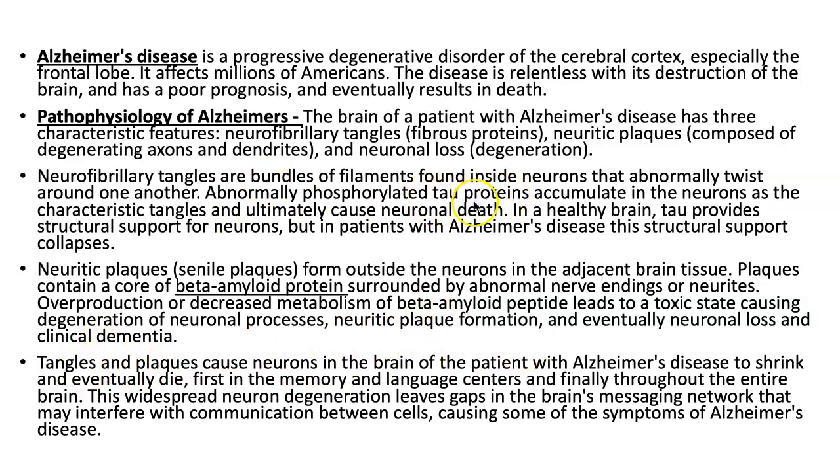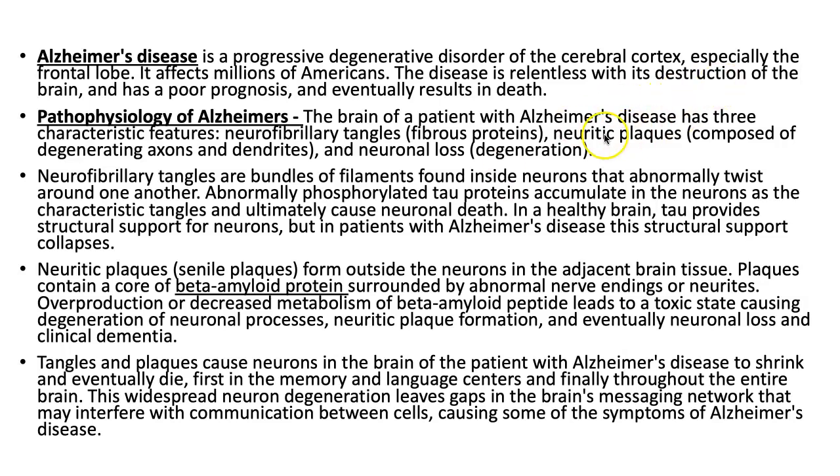For some reason, everybody has tau proteins, but they're not mutated. And when you mutate a tau protein inside the neuron of a person who has Alzheimer's, this long string becomes tangled and it interferes with action potentials.